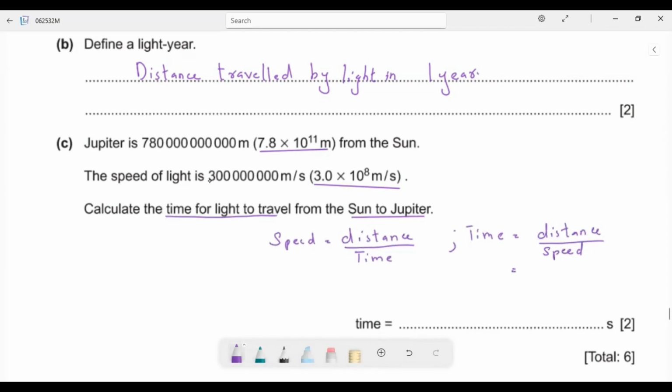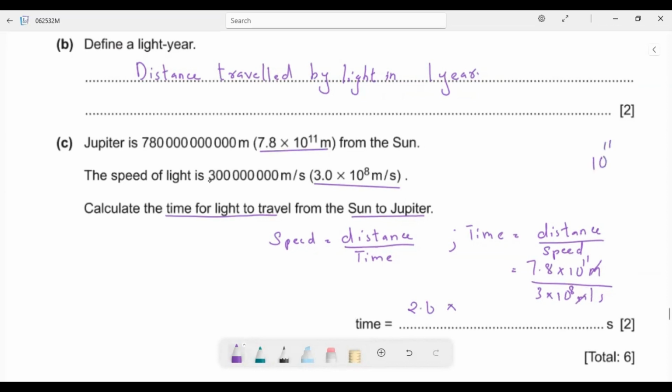Here the distance is 7.8 into 10 raised to 11 meter. And the speed of light is 3 into 10 raised to 8 meter per second. So 7.8 by 3 is equal to 2.6 into 10 raised to 11.